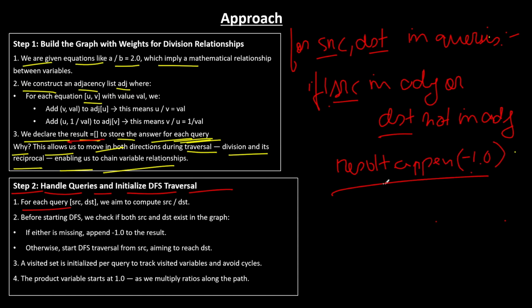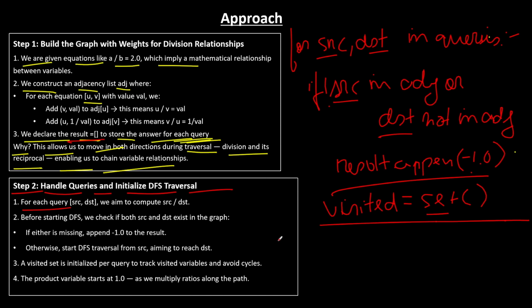Otherwise, we will create a visited set, because we have to keep unique values. Set stores unique values, and for each DFS call we will have this particular thing.